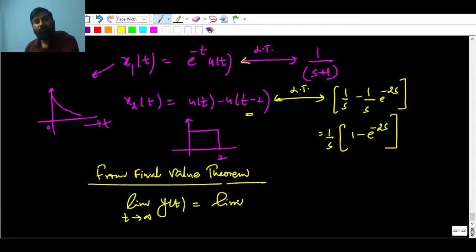the limit of y(t) as t tends to infinity is equal to the limit as s tends to 0 of s times Y(s). And what is Y(s) here? The limit as s tends to 0 of s times X1(s) X2(s). Why? Because convolution in the time domain corresponds to multiplication in the frequency domain, be it Laplace transform or Fourier transform, any transform.